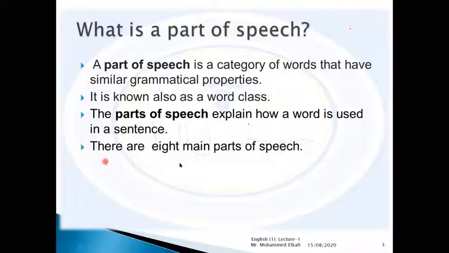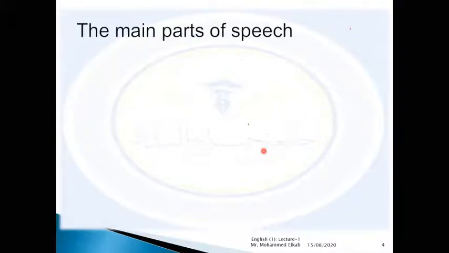And there are 8 main parts of speech. What are they? The first are nouns. So the first parts of speech, or first type of parts of speech, are nouns.